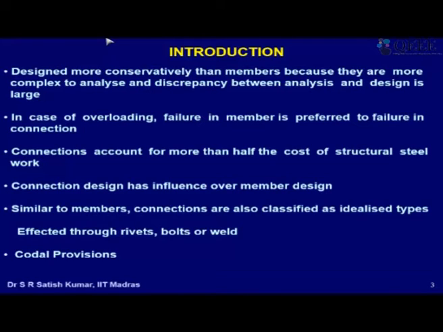Whereas if a member fails, for example in a frame, if only the beam fails, it will develop yielding or a plastic hinge, there could be some redistribution of moment and the structure may survive. So we try to design it in such a way that it is able to take a higher load even if there is an overload.